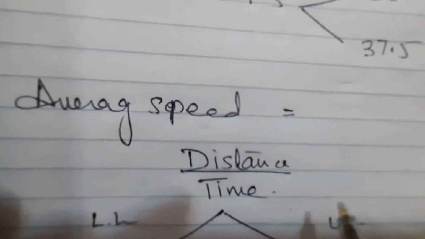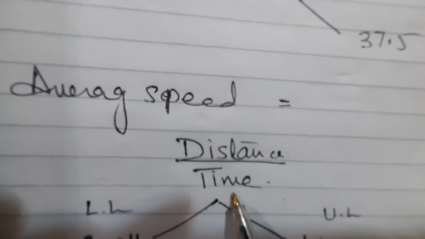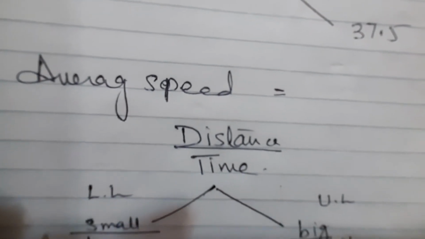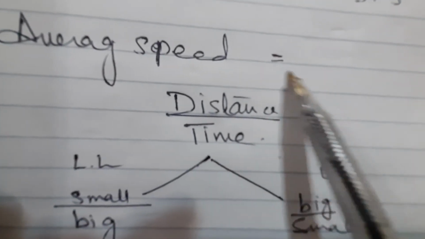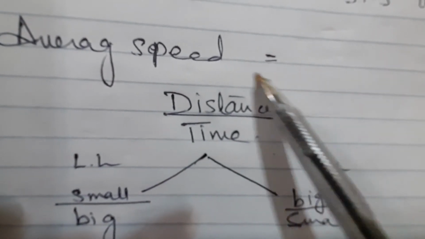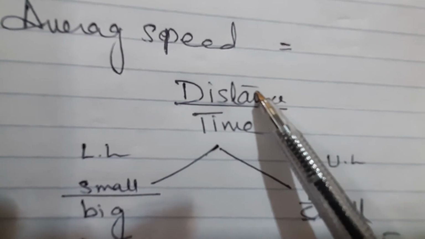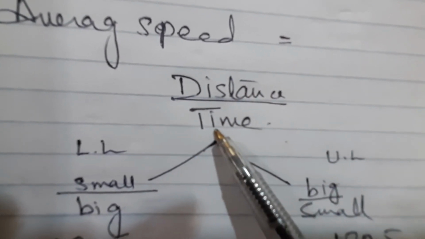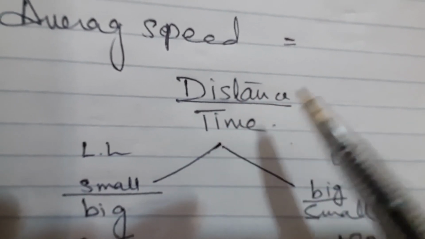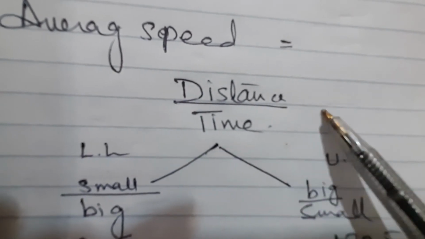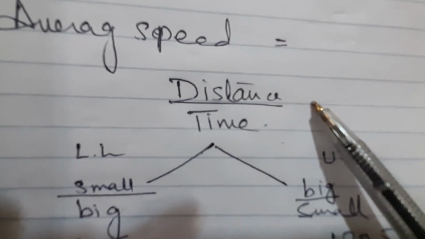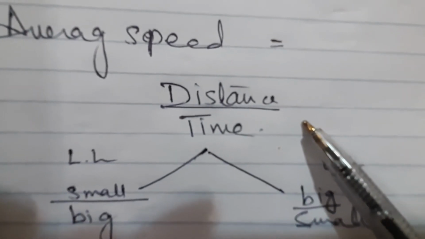Now if it is distance over time, for the lower limit, how can I make this whole value small? If I write a small value in the numerator and a big value in the denominator, then my overall answer will be small. The very basic rule of fraction which we have learned in junior classes.